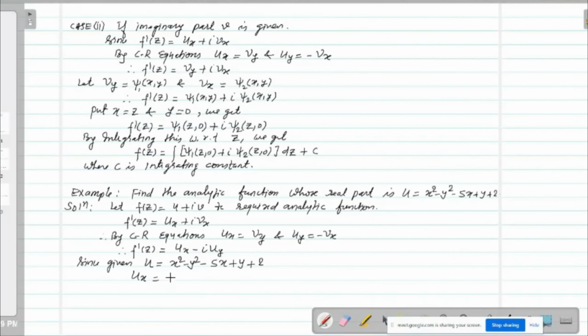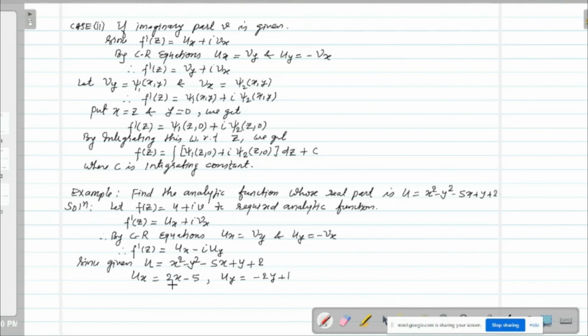So ux is 2x, minus 5, since the derivative of x is 1 and the rest are constants, so 0. Now uy: x is constant, so you have minus 2y, plus 1, and 2 is constant, so 0.